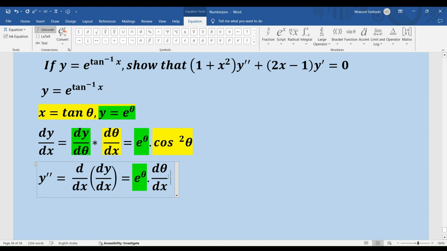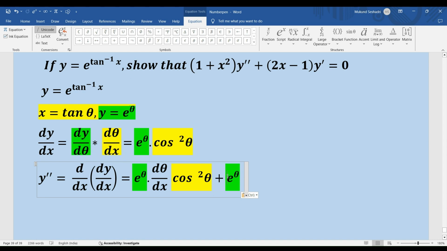And then I have into my cos square theta. I retain the second function as it is. And then I retain the first function as it is, which is again e to the power theta, and I differentiate the second function with respect to x.